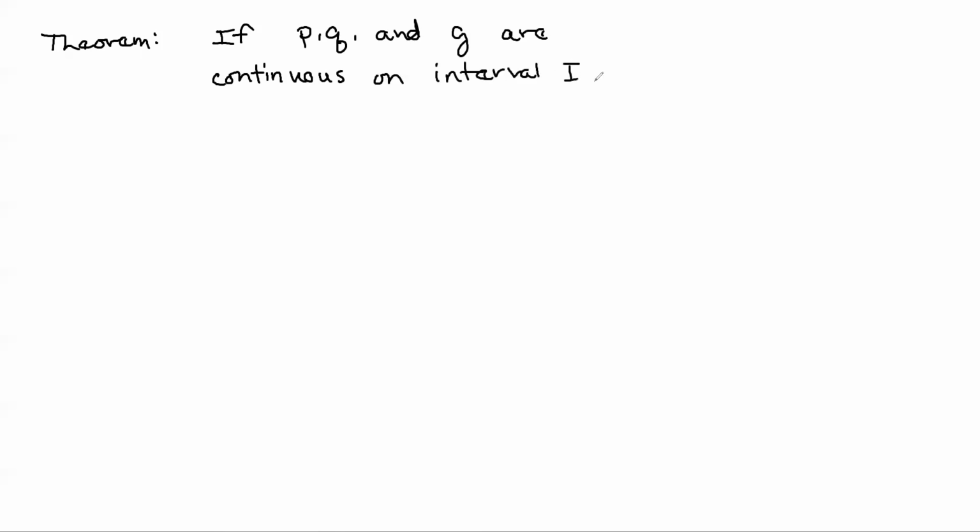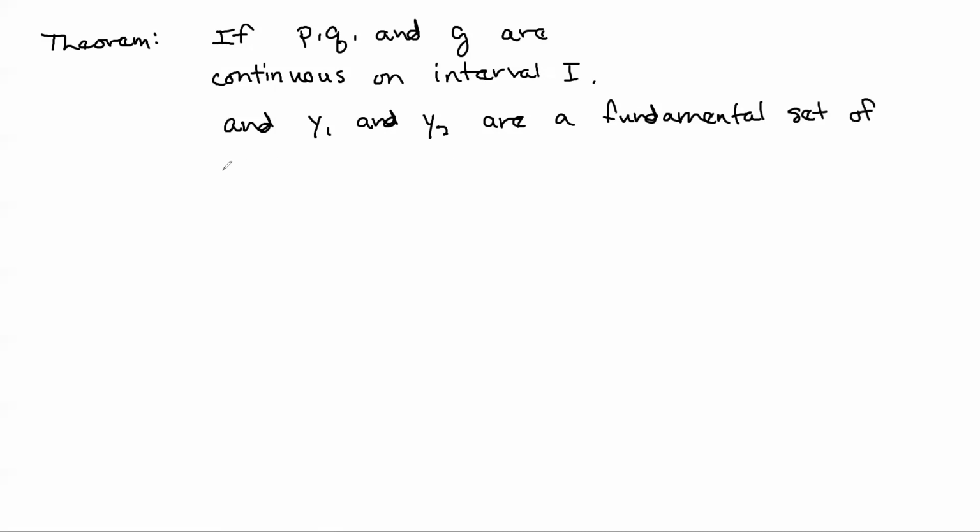So if P, Q, and G are continuous, since we integrated at some point, P, Q, and G need to be continuous on interval I, and y1 and y2 are a fundamental set of solutions to the homogeneous.